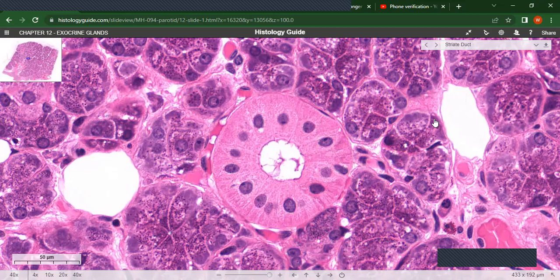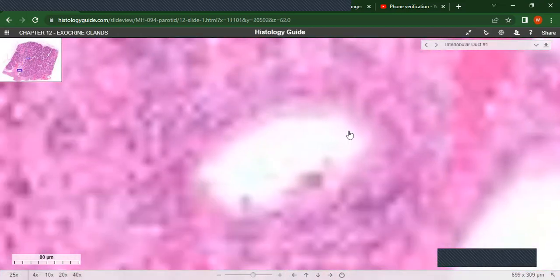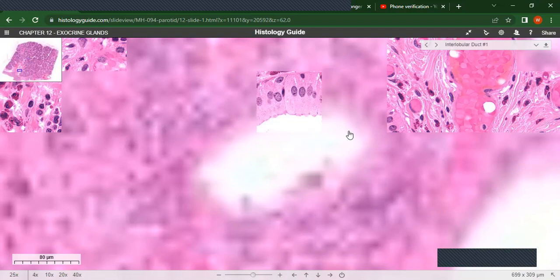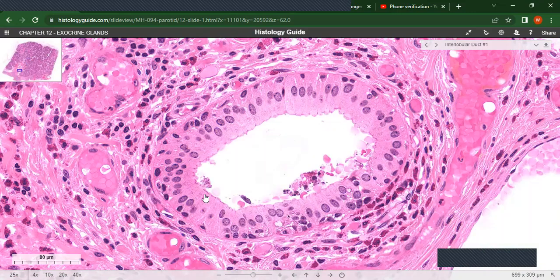interlobular ducts or the extralobular ducts. Let me show you an interlobular duct, a large one. They are larger in size. Like this one, this over here is an interlobular duct. You can see here this is a stratified epithelium.